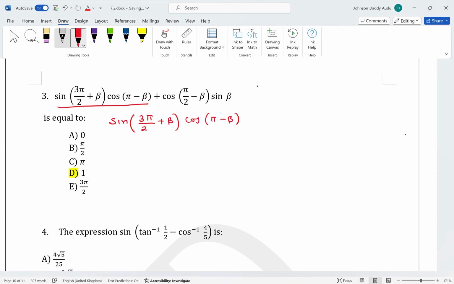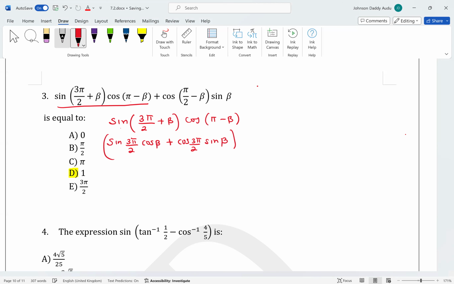Clearly, you can expand it. If you expand this, this is sine of 3 pi over 2 times cosine of beta, plus cosine of 3 pi over 2 times sine of beta. Now, this is coming from the first term.